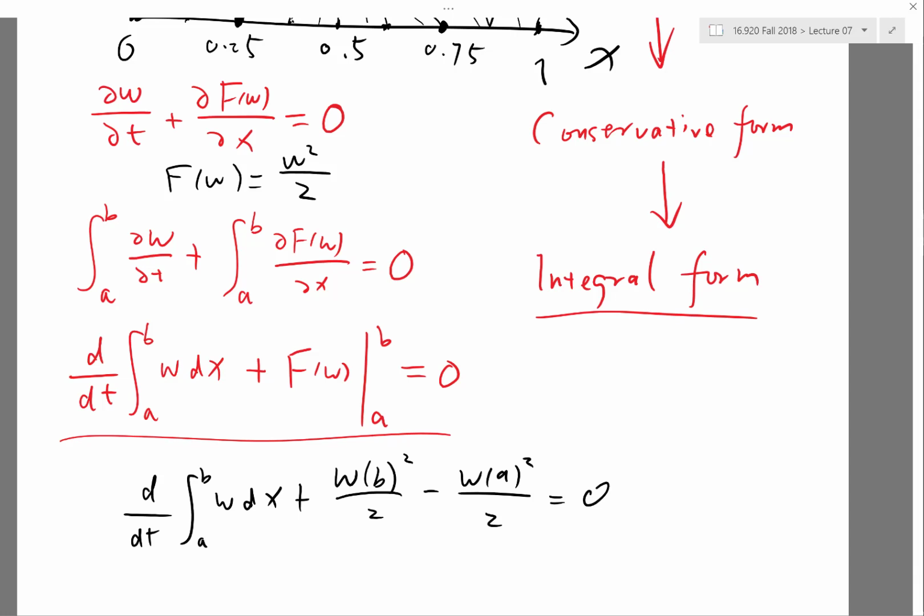Now you can see that this only has time derivative. It doesn't have any spatial derivative, right? So even if the solution w is discontinuous in x, it has shockwaves, it doesn't matter. This equation still makes perfect sense.